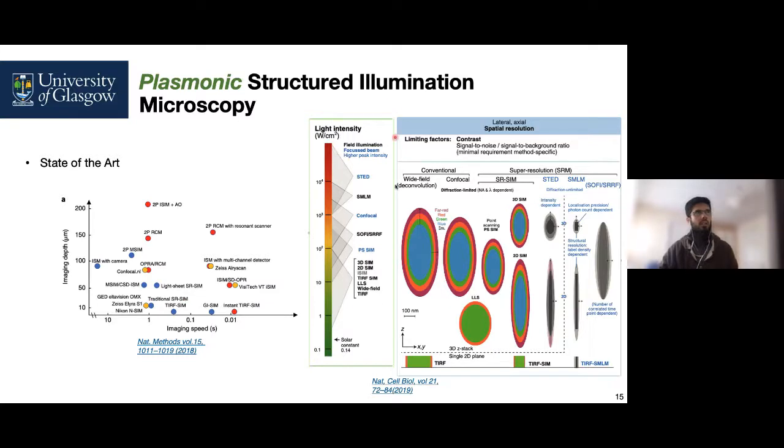Now, the second figure, the one in the middle, provides us an idea about the different types of illumination intensities that we use. Preferably, we would require a faster, higher resolution imaging technique which requires a lower light intensity that does not overexpose or ionize the samples in a hazardous way.